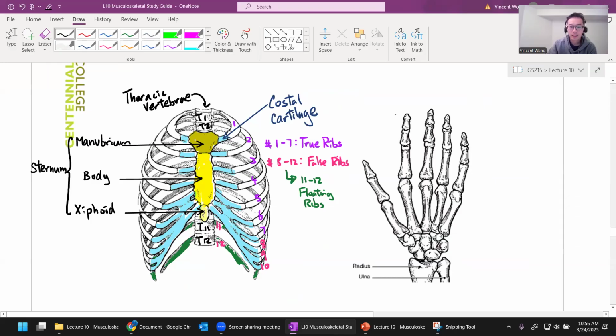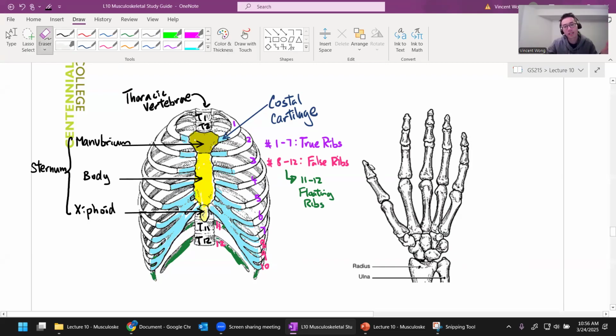All right. Favorite question I like to ask you guys all the time: is it the right hand or left hand? It's just like, is it right brain or left brain? How do you tell? Like, how do you know if the right hand is like this or the left hand is like this?